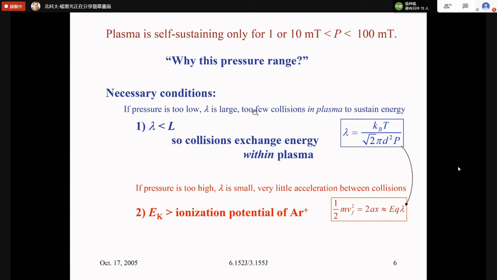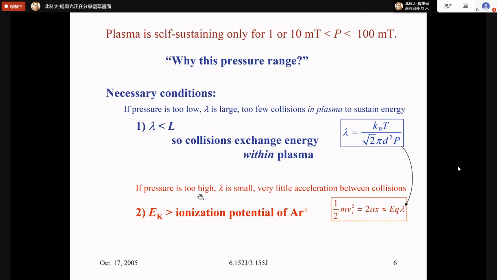And if you have fewer collisions in the plasma, you don't have enough energy to sustain it. If lambda is less than L, where L is the reactor chamber length, the collisions exchange energy with the plasma as follows. We have talked about that.